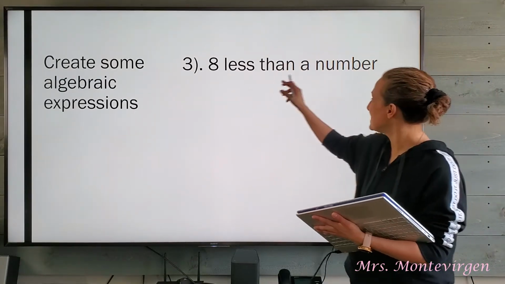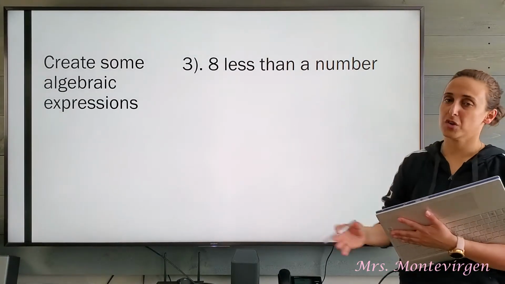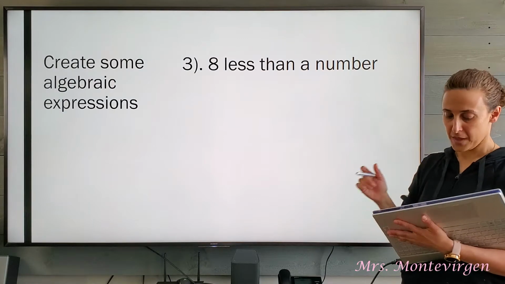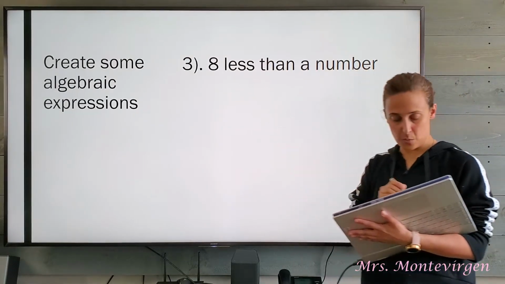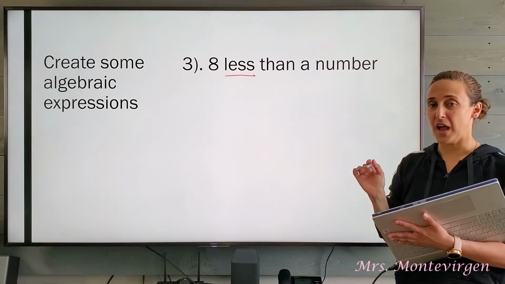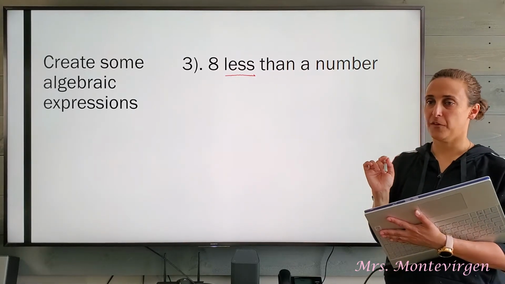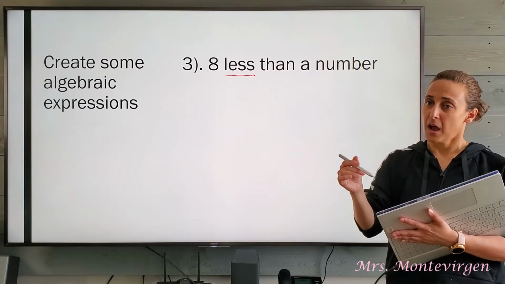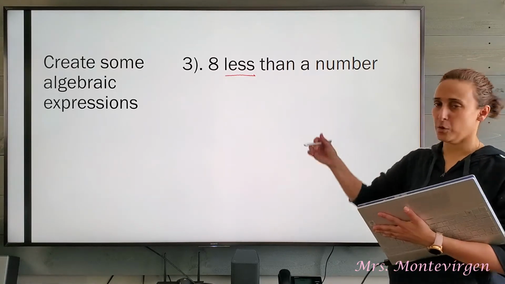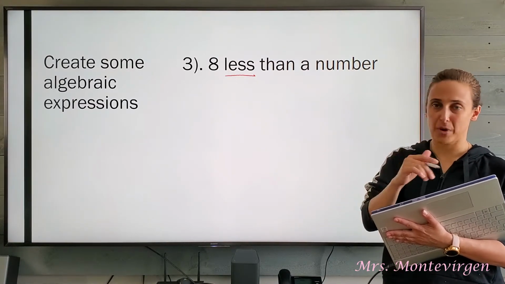So we have 8 less than a number. Now, on these types of questions, I'm going to tell you be very, very careful, because I have that key word less, which is dealing with subtraction. So any sort of algebraic expression that involves subtraction, be very, very careful, because you do have to write it very precisely. When it was adding, we had some flexibility. You could put the variable before or after the number, it didn't matter.